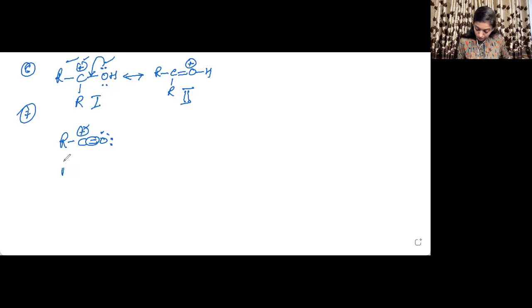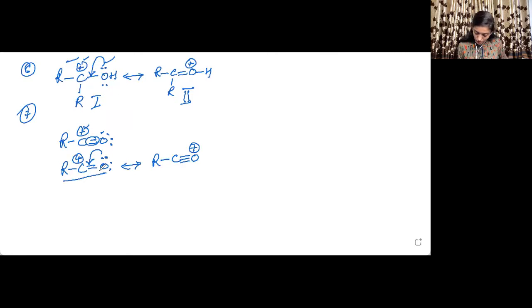Now what will happen? This can move here and it will be dispersing the positive charge of carbon. Now what will be the resultant structure? In the second structure, oxygen will carry a positive charge. Now see the octet.